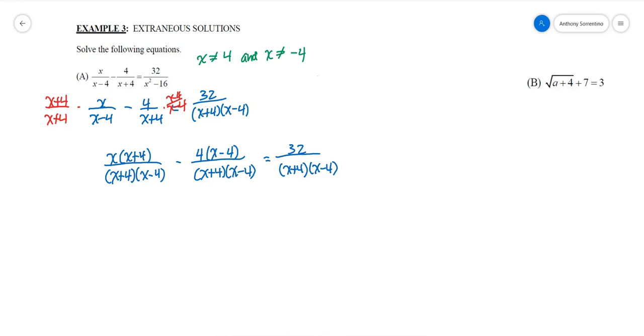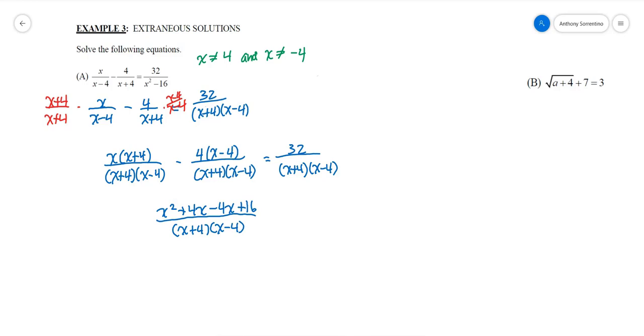So on the left-hand side, I have essentially x squared plus 4x minus 4x plus 16 over x plus 4 times x minus 4.